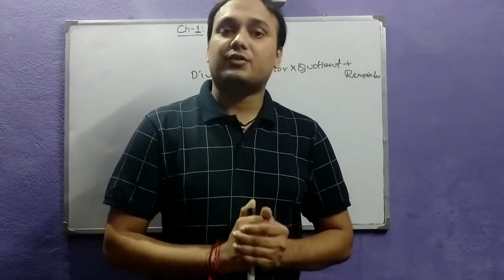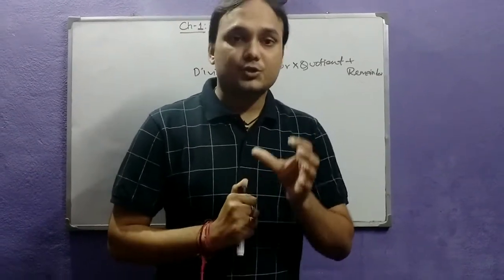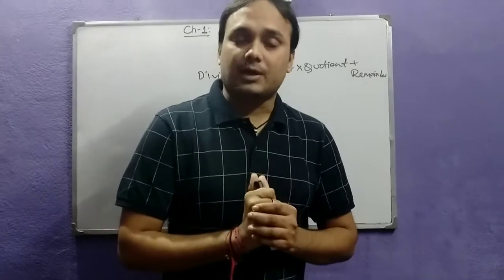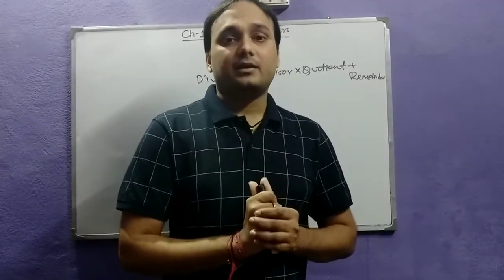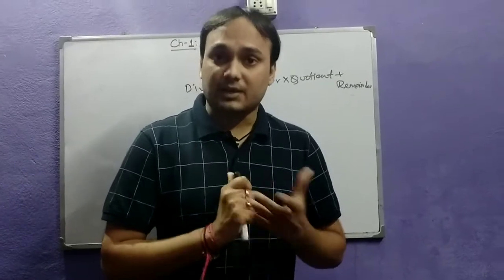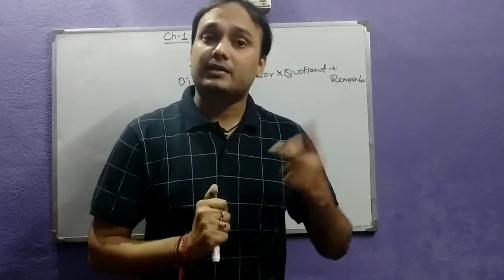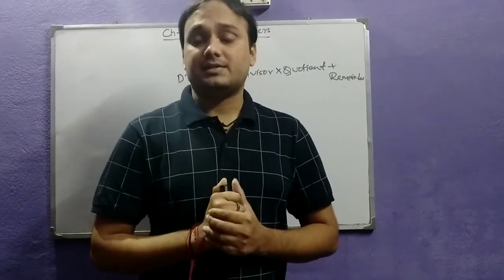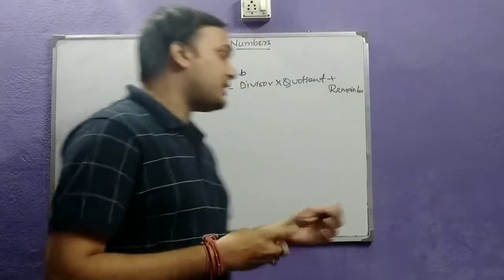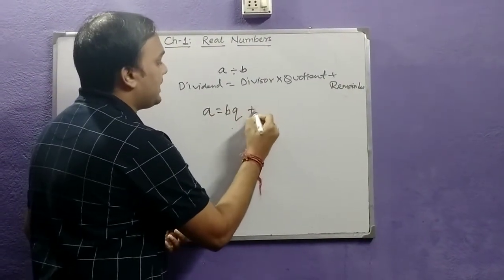What is Euclid's division lemma? These specific lines which I am going to say, students, should be known to you very nicely. Euclid's division lemma states that if any two positive integers a and b are taken, such that a is divided by b, there exist two other integers, say q and r, such that this can be expressed as a = bq + r.